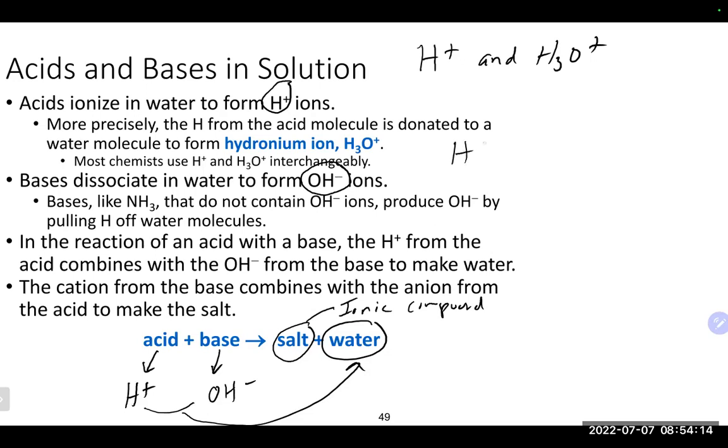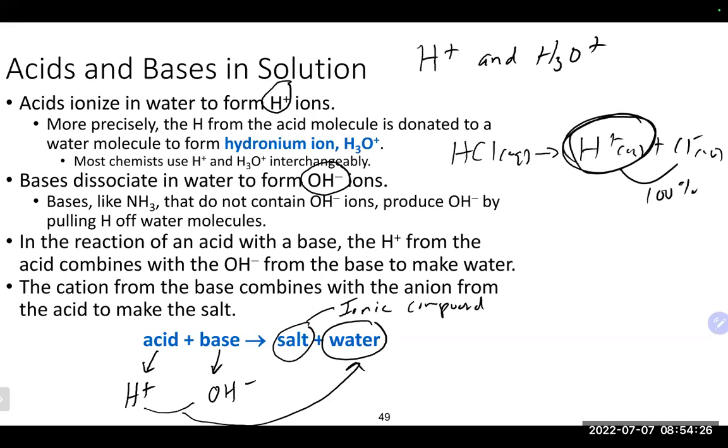So our hydrochloric acid, which is a strong electrolyte, will break apart into H+ and Cl- in solution, 100% of it. That formation of free H+ floating around makes it an acid, and a strong acid because it's 100% of that.